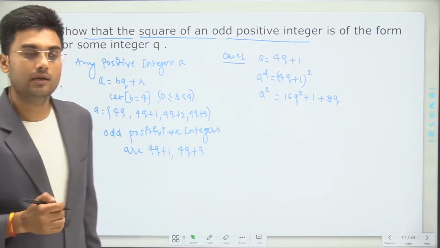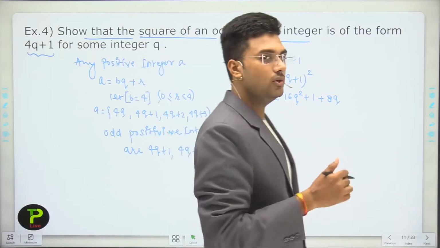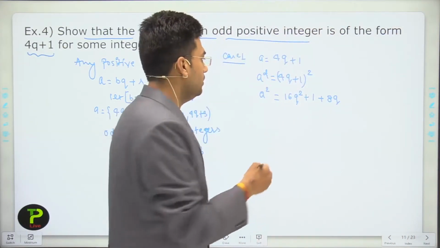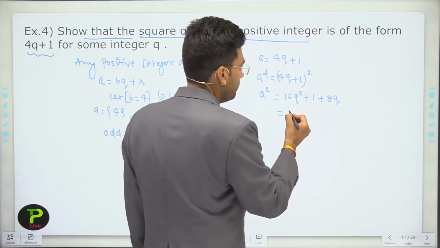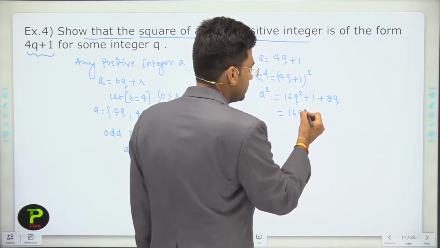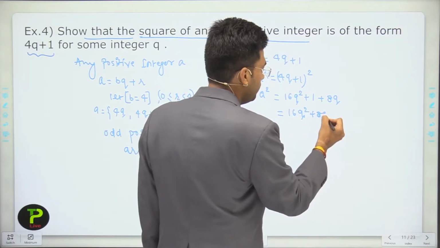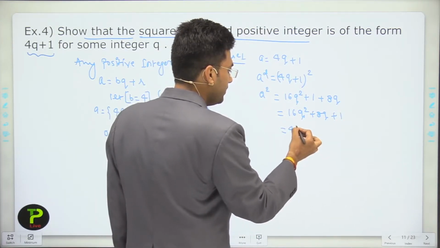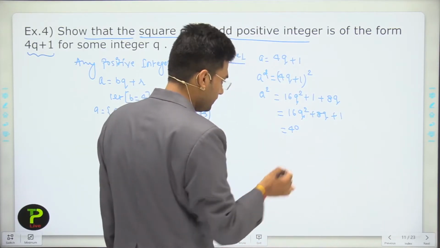Okay, now we have to show this in the form of 4q plus 1. So what is our next step? Our next step is 16q square plus 8q plus 1, and we have to take 4 as common.